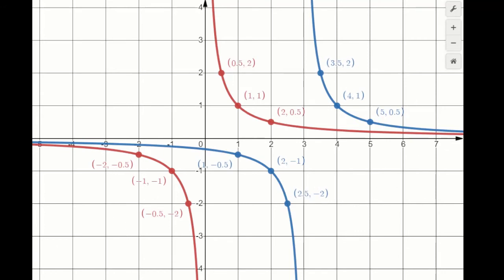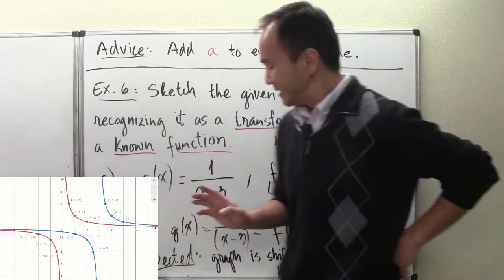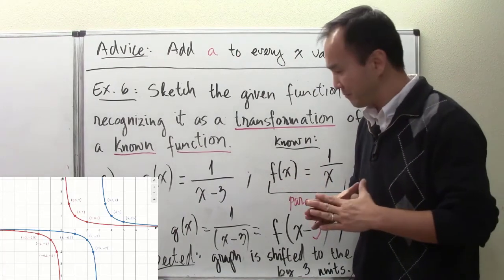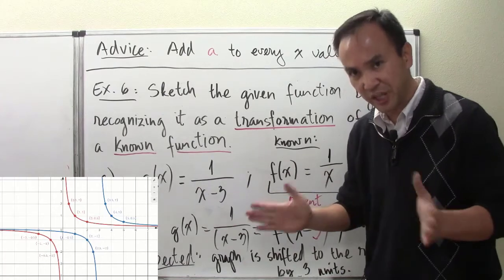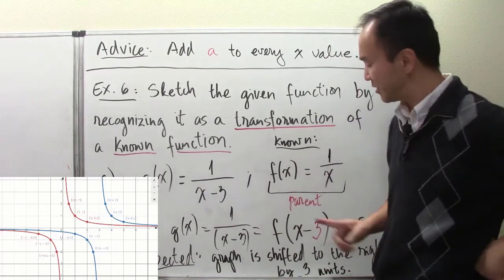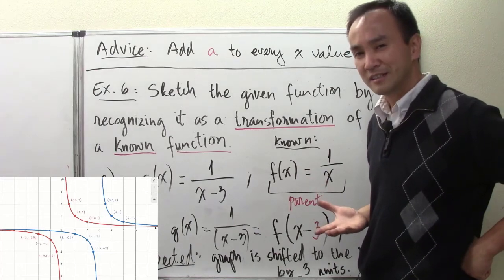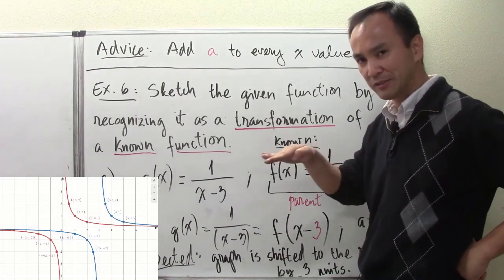Now, for this particular graph right here, allow me to mention the following. This reciprocal function, when I was going over it, particularly in an earlier lesson, I was saying that this particular function has a phenomenon that we call a vertical asymptote, okay, and a horizontal asymptote.